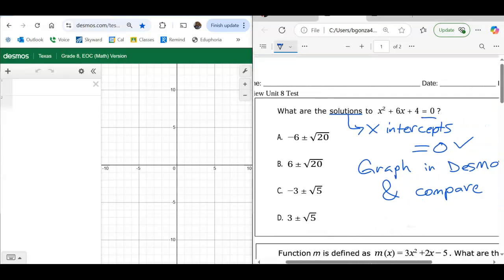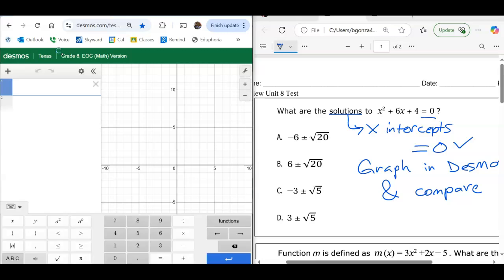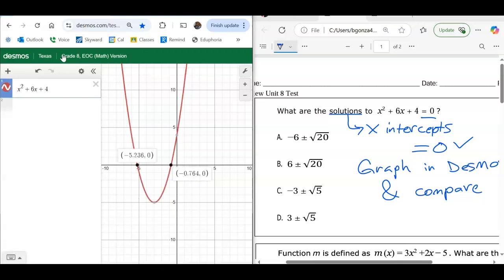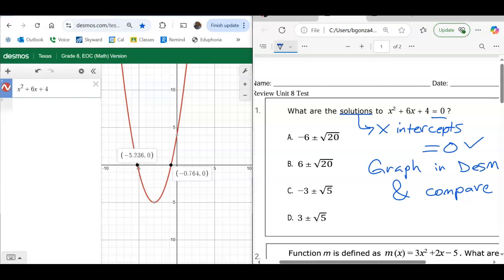All right, so x squared plus 6x plus 4. Okay, so I have two solutions. Both of these solutions, which again are x-intercepts, are decimals. So what I want to do is take these and see which one of these can give me one of these solutions, okay?